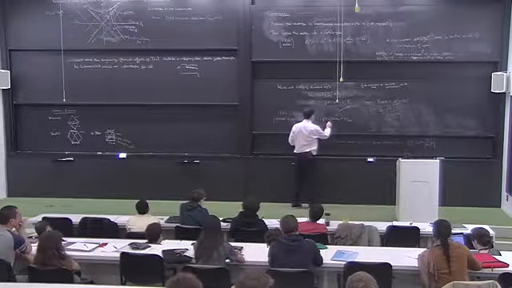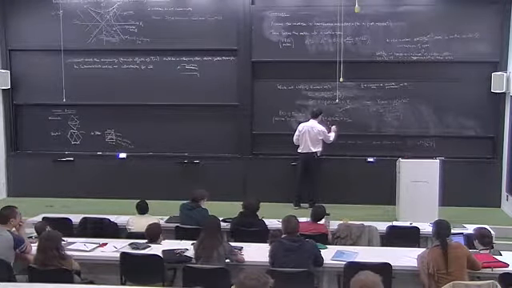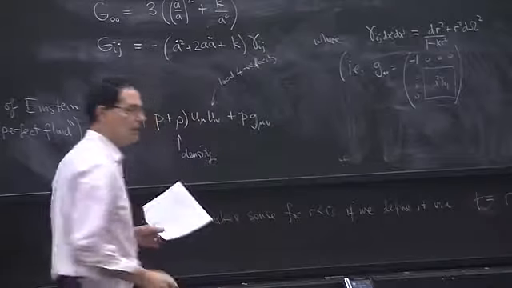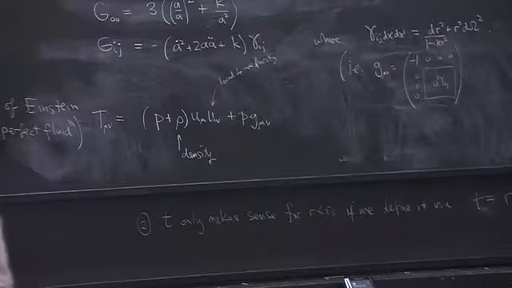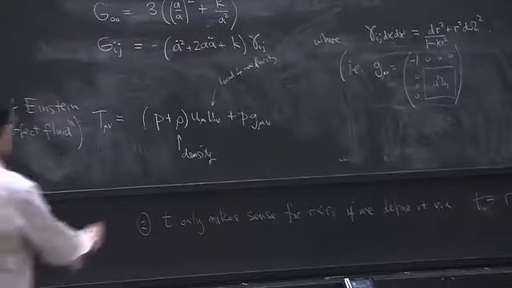Any fluid has to have a density, ρ, so that's the energy per unit volume. And P is the pressure.